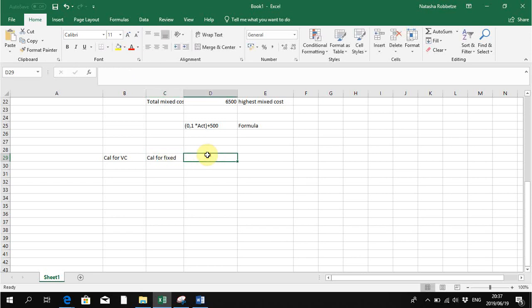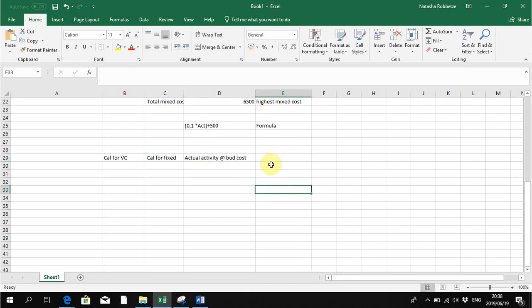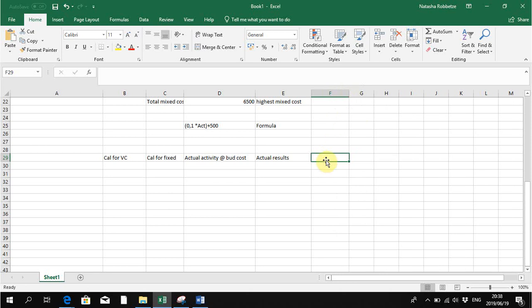And then I will continue to have my actual performance report elements. And the performance report elements is then the actual activity at the budgeted cost, and then your actual result, and your what we call your variance.